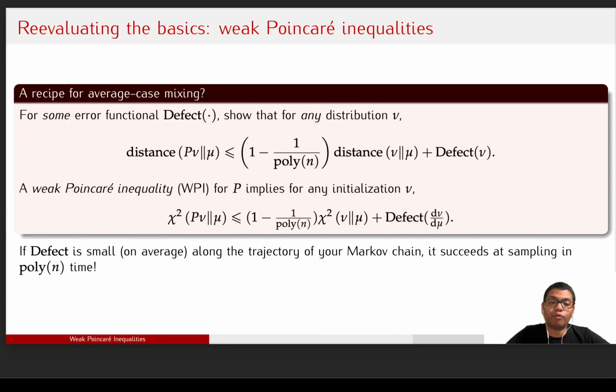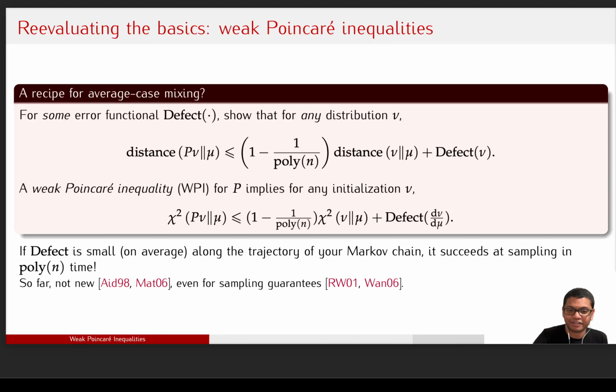And if one could prove that for some given initialization, the defect is small along the trajectory of the Markov chain, then it would actually imply that you do have a polynomial time sampling algorithm. Okay, so far, this idea of considering contractional defects or Poincaré inequalities that allow for a little bit of defect is not new and has been studied by several papers from the late 90s and early 2000s.